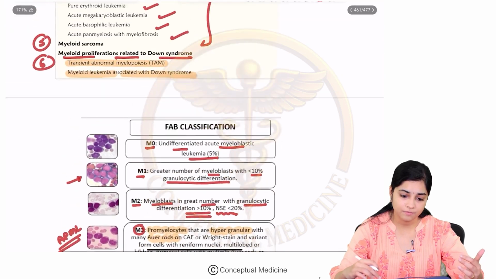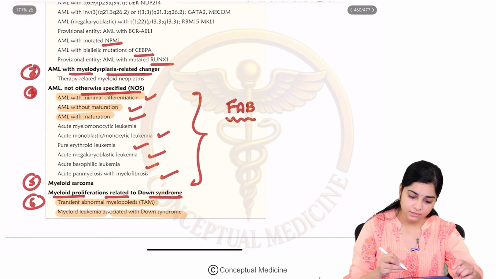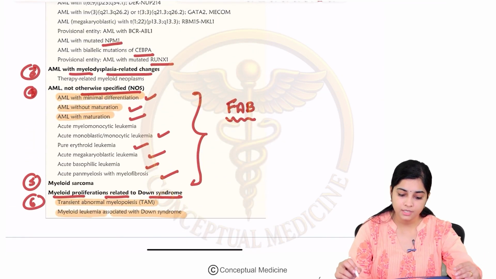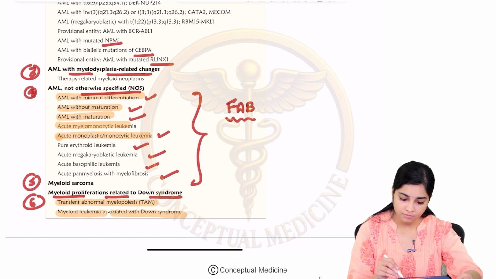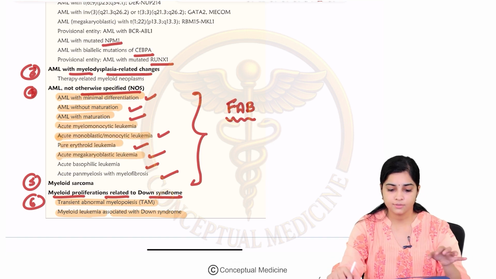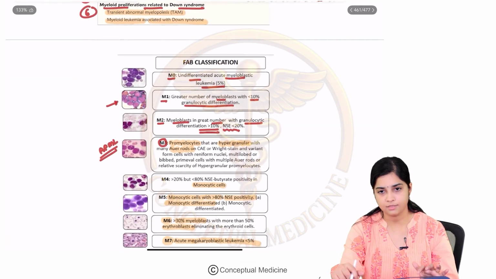So this is exactly what we saw here, right. So here you have AML with minimal differentiation, AML without maturation, complete maturation AML. Then we have your monoblastic monocytic, myelomonocytic leukemia, erythroid leukemia, megakaryoblastic leukemia, right. So this is about the FAB classification.